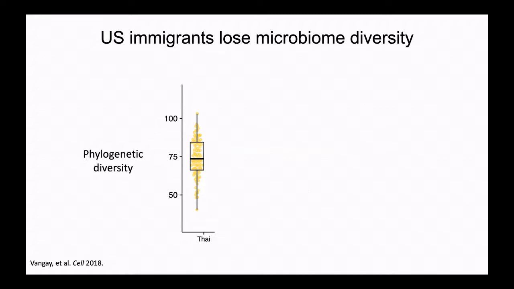So it's basically what fraction of the tree of life or what distance of the tree of life does your microbiome span. This is the phylogenetic diversity of lean individuals in Thailand. One thing I didn't mention is we stratified the entire study by obesity status. So we have equal numbers of lean and obese in each group. So that's lean in Thailand. Here's obese in Thailand.